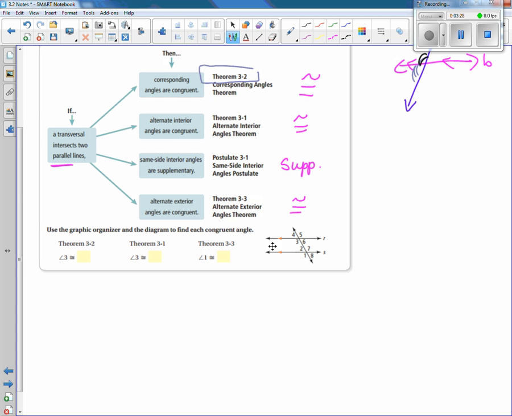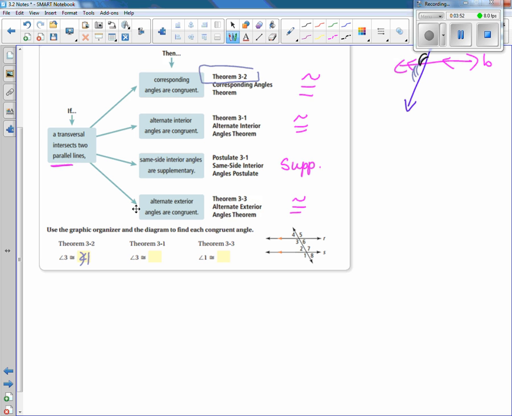So if I look at my diagram right here, are the lines parallel? Both R and S are parallel. So angle 3 is right here. What is a corresponding angle to angle 3 that would be congruent to angle 3 based on that theorem 3-2? It would be angle 1.